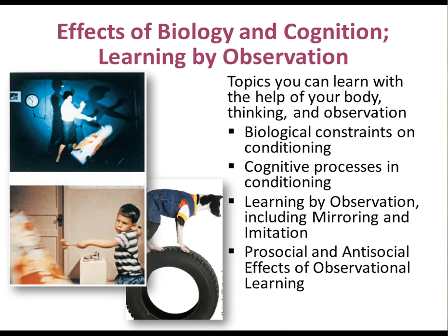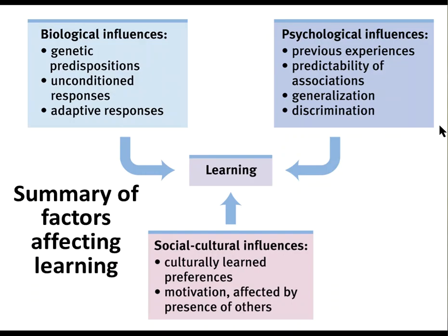Now let's look briefly at the effects of biology and cognition in learning by observation. Topics you can learn with the help of your body, thinking, and observation: biological constraints on conditioning, cognitive processes and conditioning, learning by observation, prosocial and antisocial effects. So, the summary of factors affecting learning.